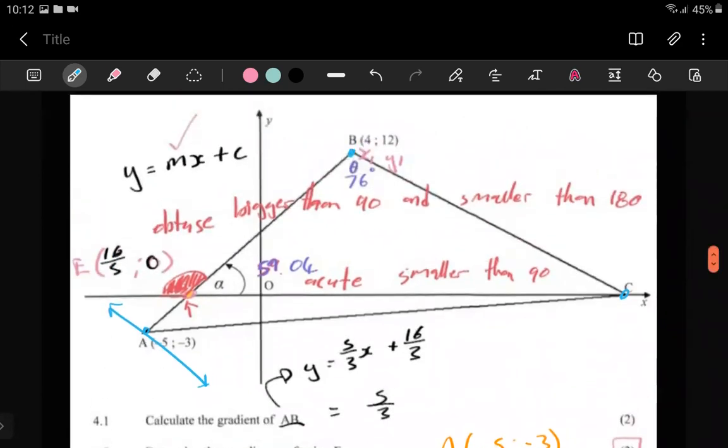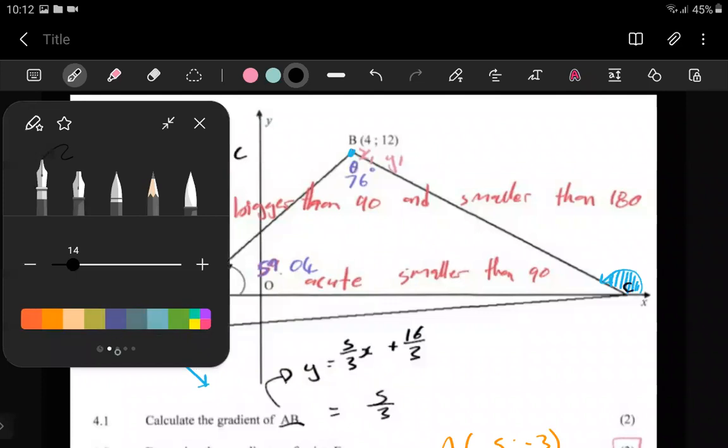Now here you can see you need an angle of inclination to help you to get the gradient of BC. You need this angle of inclination here. So just knowing that, we can already see why these 2 angles were necessary for us to have.